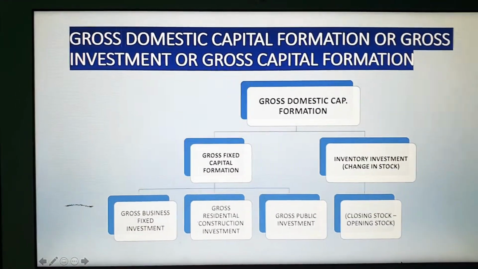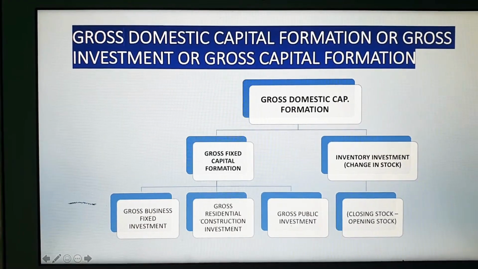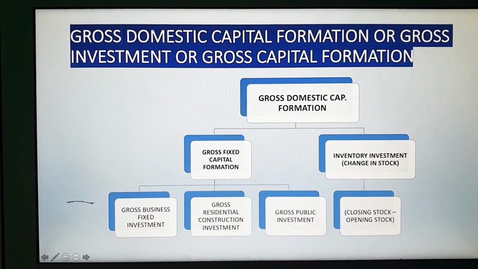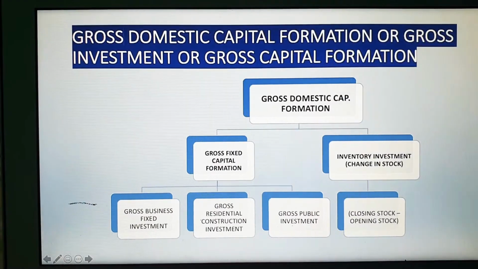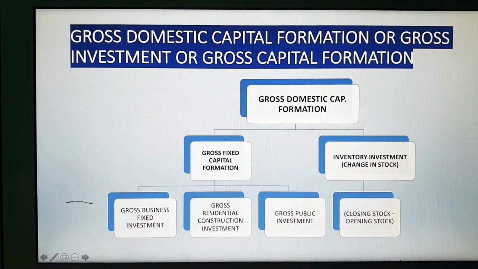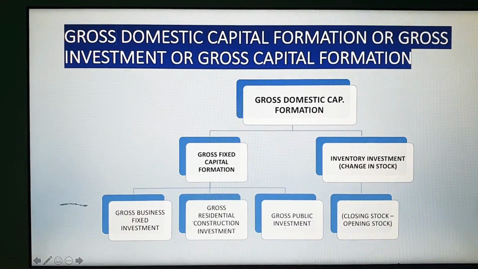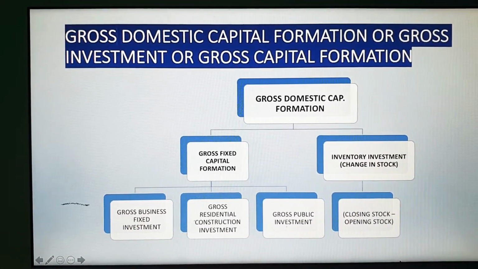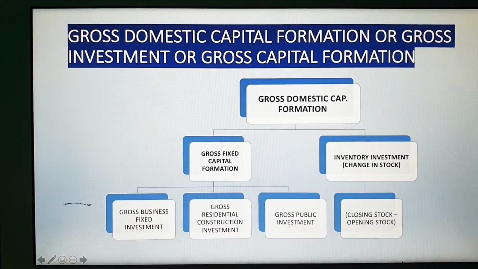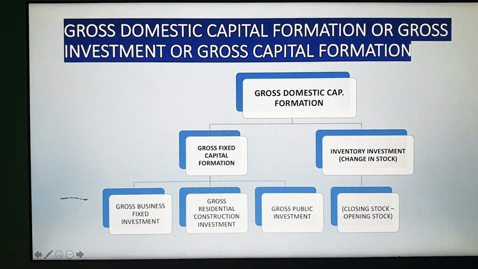So business, residence, and public, all three together, when added up, give us gross fixed capital formation. And as this is the fixed component of capital formation, if we add the working component also, then we get gross domestic capital formation.